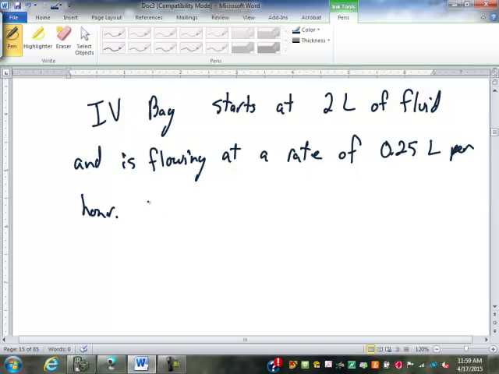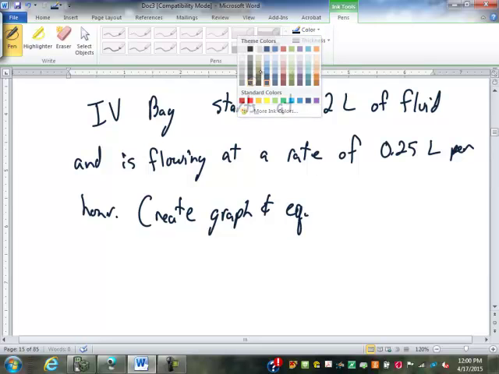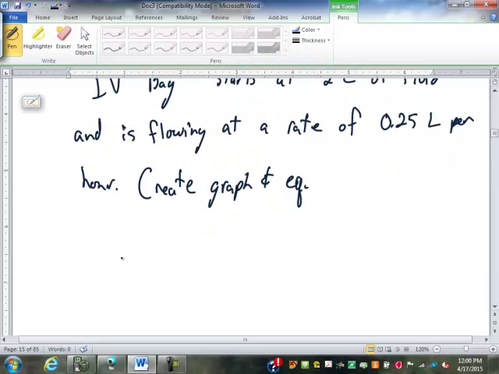Now let's create the graph and the equation. So it's starting at 2 liters. That means somewhere up here at 2 liters, we have a dot that starts this.